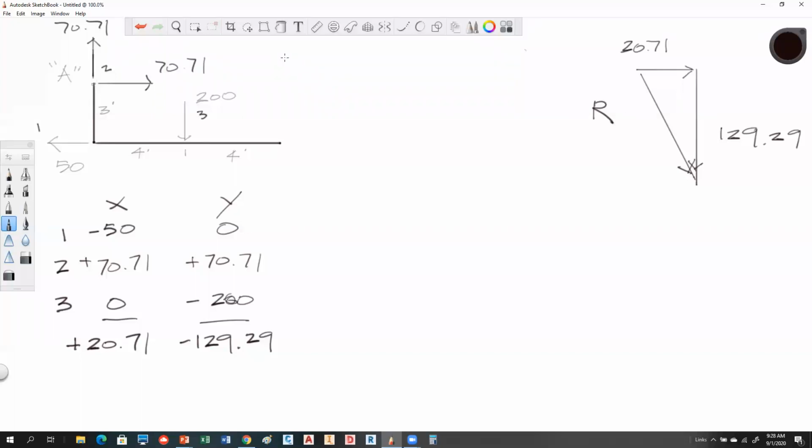See if I can do that up here. We've got 20.71 squared plus 129.29 squared, and we're going to take the square root of that mess. Okay, let's see what we come up with.